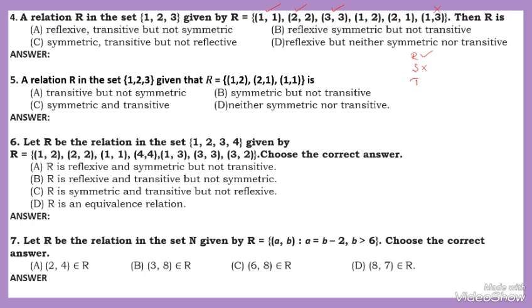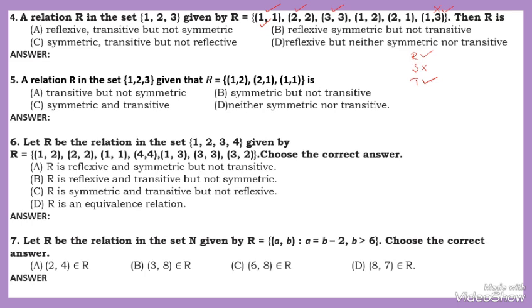Again, related to the third element, (1, 1), it is present here. Similarly, I will take (1, 3) and 3 is related to 3. Again, 1 is related to 3. This one also holds. 1 is related to 2, 2 is related to 2. Again, (1, 2) holds. That's why transitive property also holds for this one.